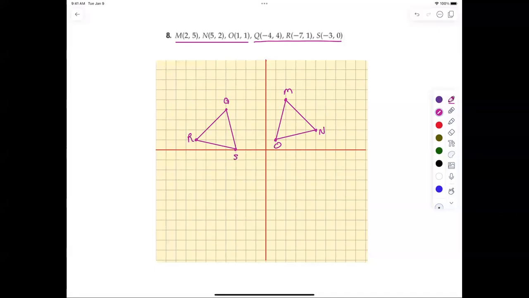All right, the question is, are those congruent triangles? Now, I don't really think at this stage of the game there's any way to measure the angles. Do we agree? Since we can't measure the angles, we're going to have to find the distances. All right, now, again, the distance formula is used a bunch.